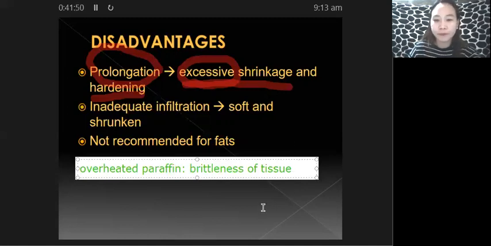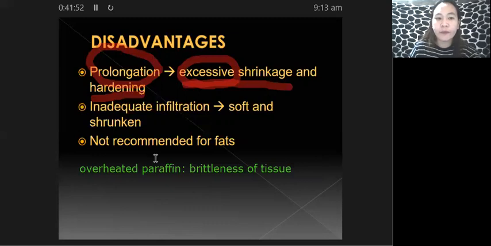Okay? Ayan. All right. So another problem which might arise during the infiltration process would be inadequate infiltration. Okay? So we have inadequate infiltration. So when we say inadequate infiltration, this will result in soft and shrunken tissue. Okay, soft and shrunken.